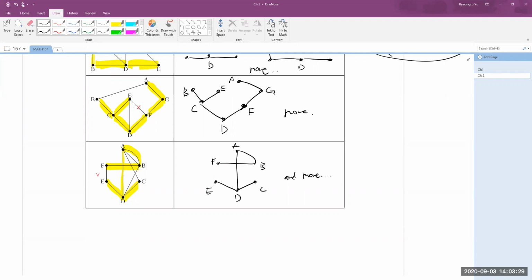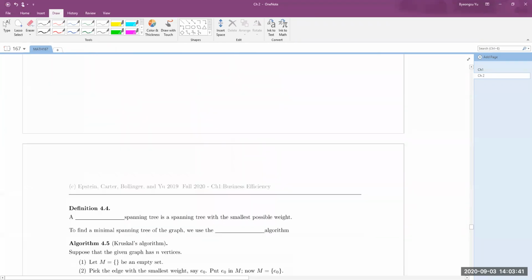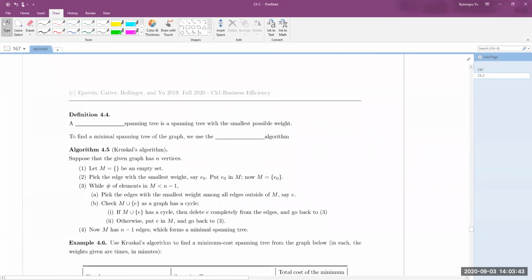So as you can see, finding a spanning tree is not that difficult, right? But what we are interested in in the business situation is finding a minimal spanning tree. That's what we call it. A minimal spanning tree is a spanning tree with the smallest possible weight, right?